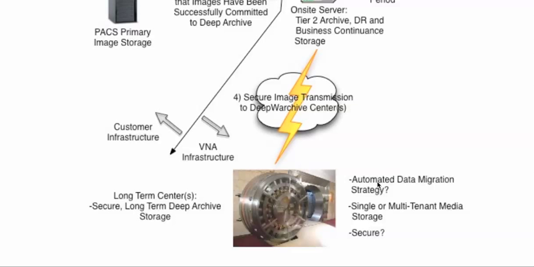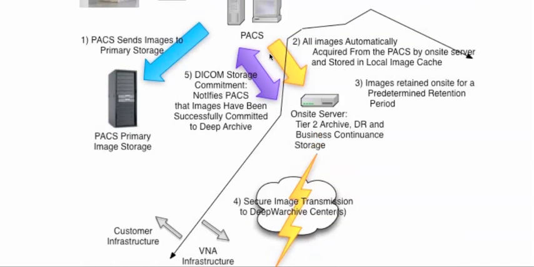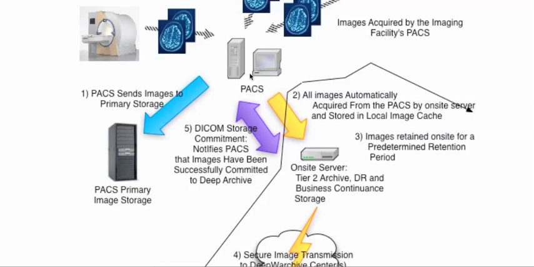A couple of things need to happen in the background. In order to call yourself a vendor-neutral archive technology, you have to do a couple of fundamental things. Anything above these fundamental technology functions is really, just frankly, marketing and sales positioning and fluff. We believe that you have to adhere explicitly to the DICOM standard, and we believe that you also have to provide an automated data migration strategy in the background that's completely segregated from the PACS or the front-end image management function.